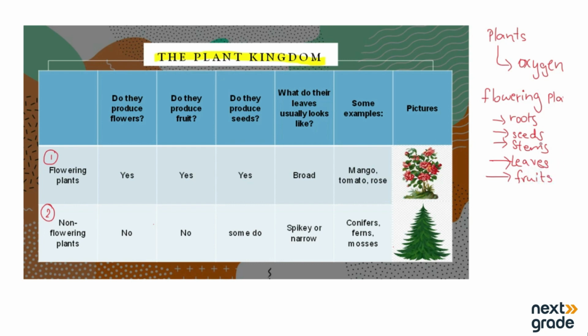तो फ्लावरिंग प्लांट में होता यह है कि सबसे पहले फ्लावरिंग प्लांट्स ग्रो फ्रॉम अ सीड. ठीक है, सीड से ये ग्रो करता है और सीड से जब ये ग्रो करता है तो थ्रू द सीड्स द रूट्स ग्रो फ्रॉम देयर एंड then the stems come out of the soil.